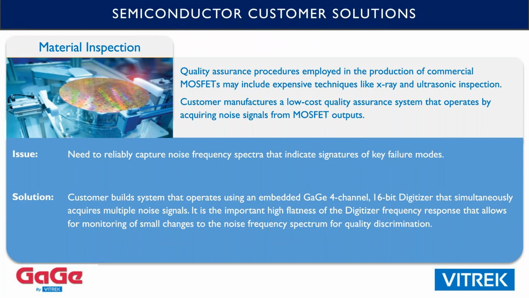The MOSFET is excited in various ways by DC and AC signals, and then the device listens with the GaGe card to the noise signals coming out of various pins on the MOSFET, and specifically the frequency spectrum of the noise. And certain noise spectra can indicate signatures of key failure modes.